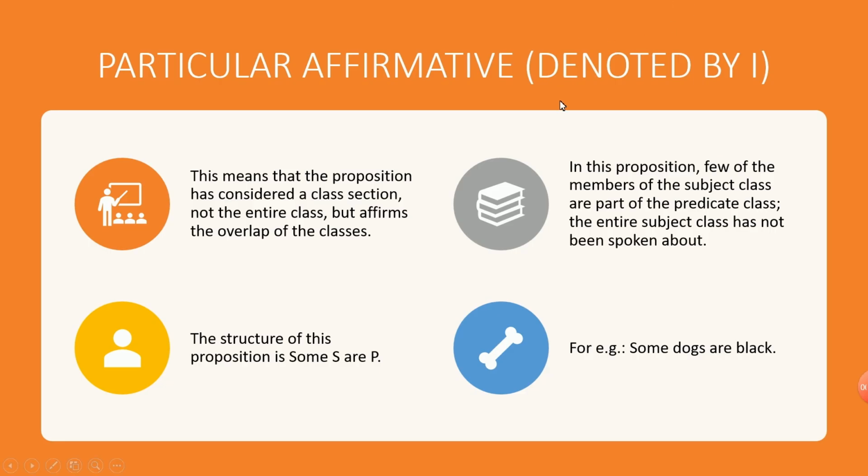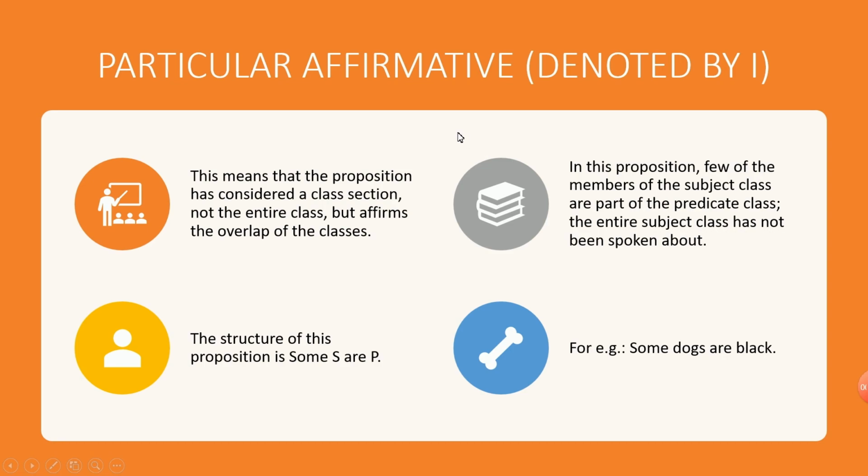So here the intersection, that is the overlap, is accepted, but consideration of the entire class is not. So the word some would come here: some S are P. Some dogs are black. That is the example.